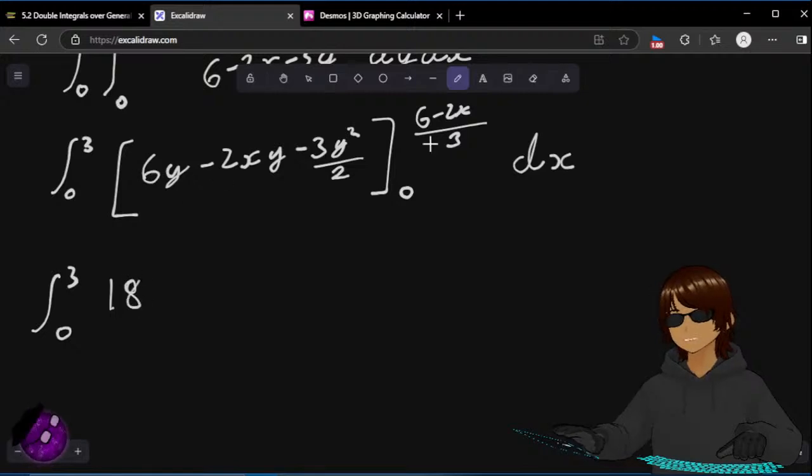So 3 times 6 is 18. 6 divided by 3 is 2. 2 times 6 is 18. 2 times 2 is 4.